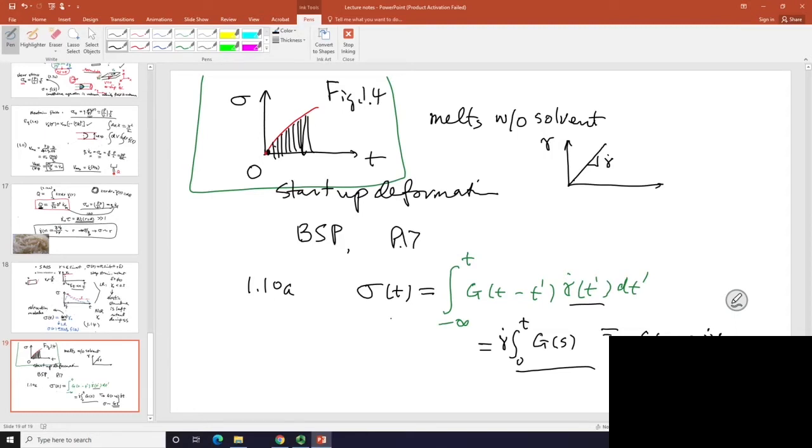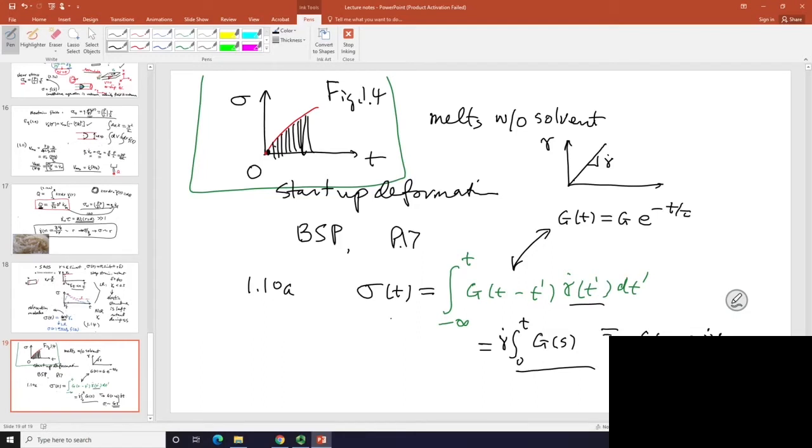It turns out the Maxwell model has the same structure as the linear Boltzmann superposition principle. In fact, the Maxwell solution for the problem is exactly the same as the Boltzmann expression, except your G, according to Maxwell, is of this form. So you end up having the same result.